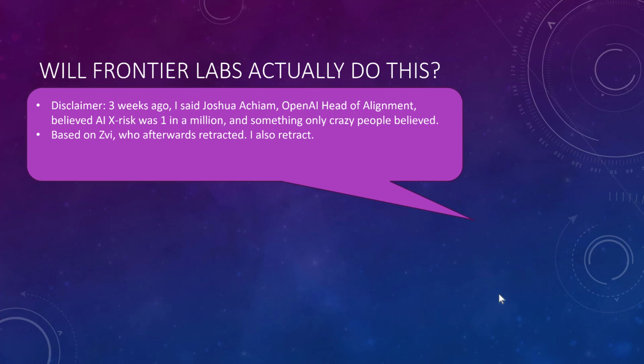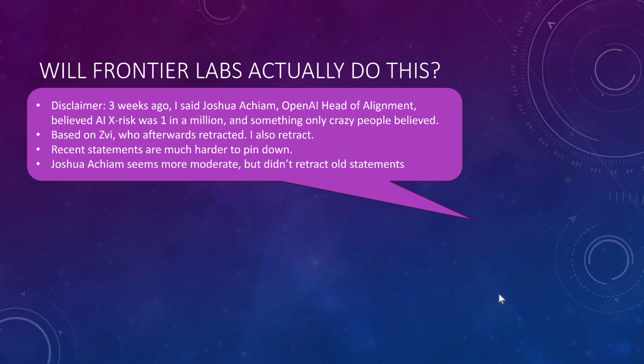So I also retract. I tried to look at his recent statements, and it's a bit harder to pin down what he actually believes. He seems more moderate, but he didn't retract the old statements. I think officially he still believes that AI X risk within the next 10 years is 1 in a million.